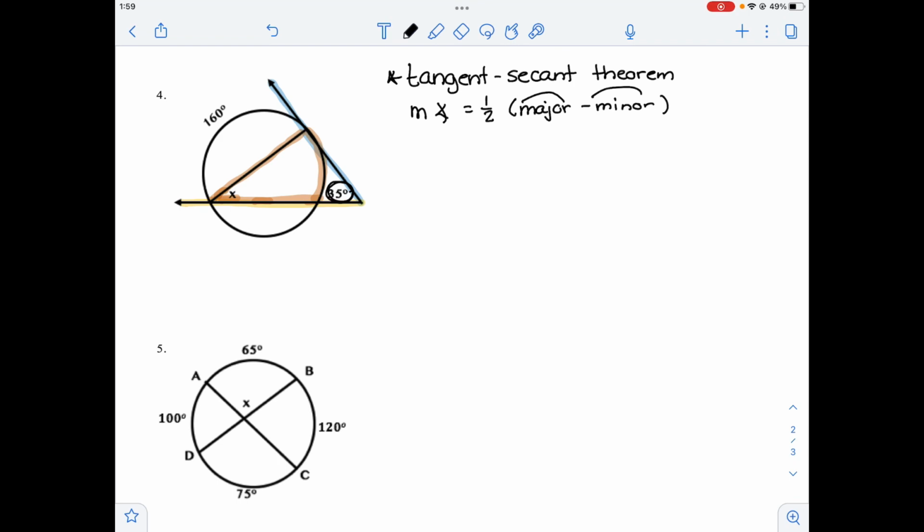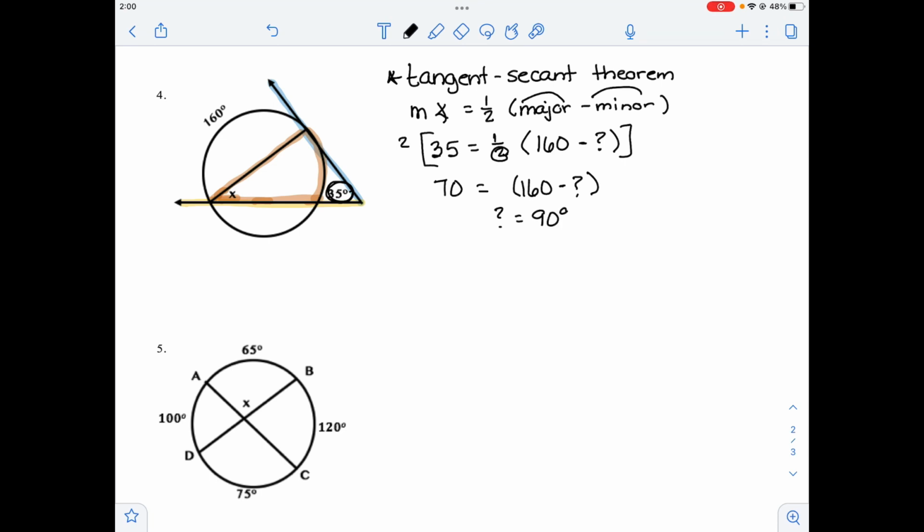We know the outside angle is 35. We know that the major arc that's made up with this tangent and secant is 160, but we do not know the minor. So 160 minus 90, I know that my question mark is 90 degrees, okay?